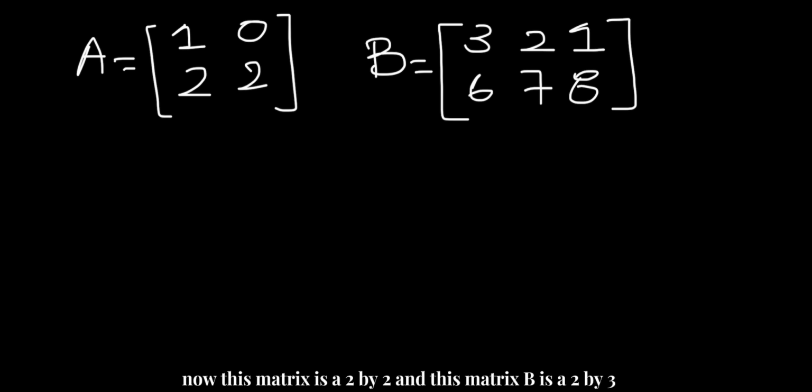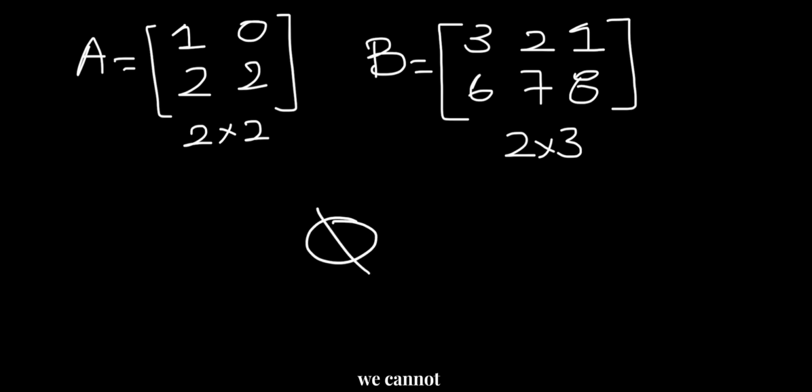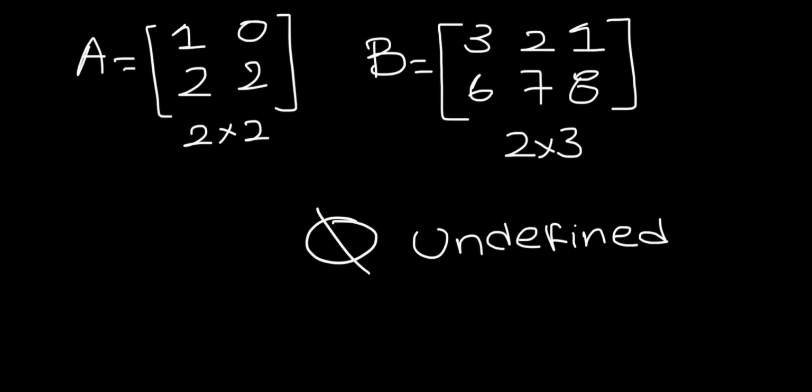Now, this matrix A is a 2 by 2, and this matrix, B, is a 2 by 3. They are not the same dimension, therefore, we cannot add these two matrices. It is undefined. So now we know how to add matrices.